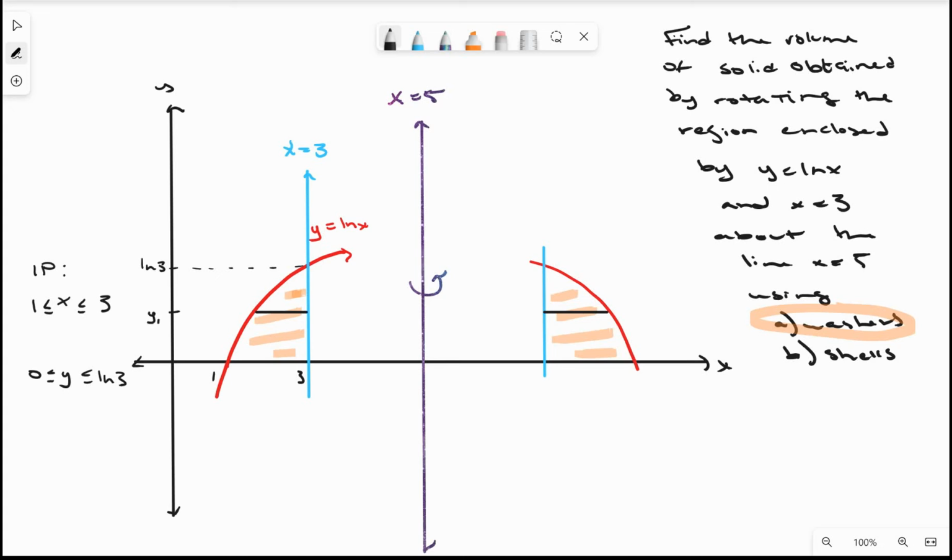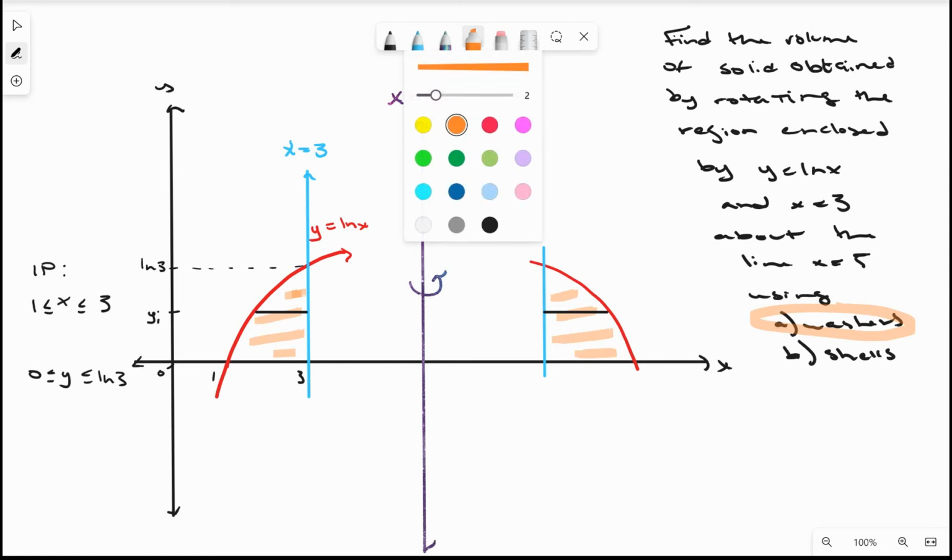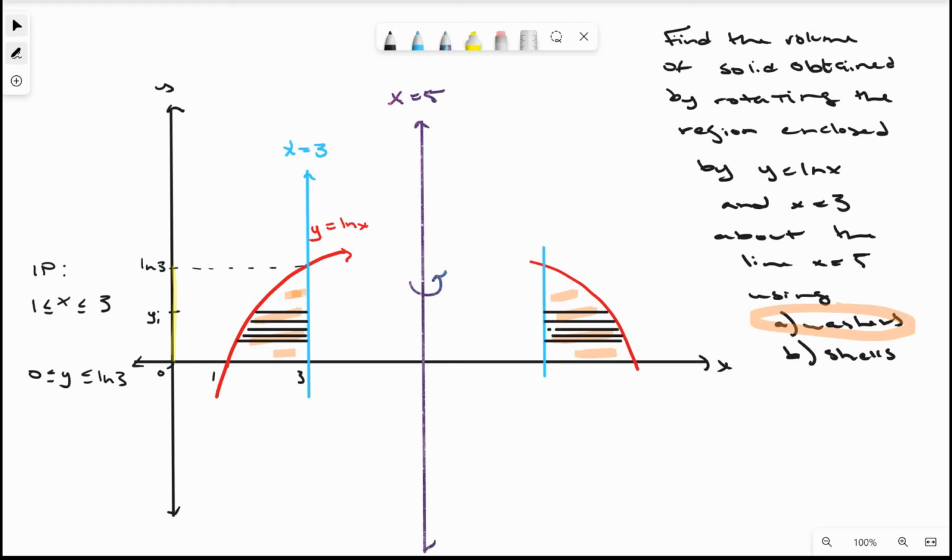We make these slices on even sub-intervals from y equals 0 up to ln of 3, and we could approximate each of these slices by a washer.